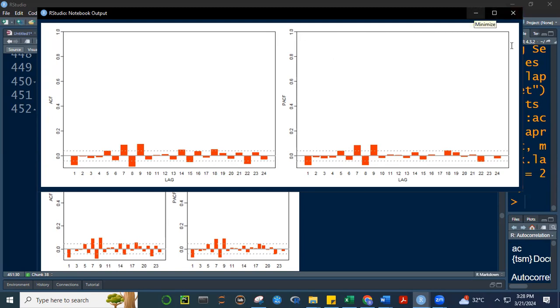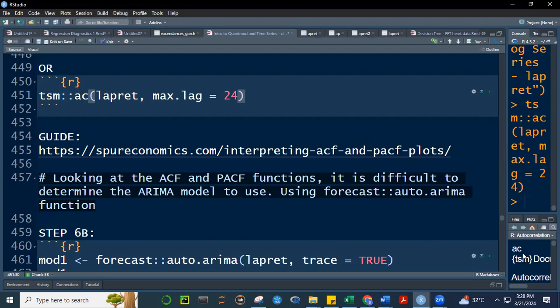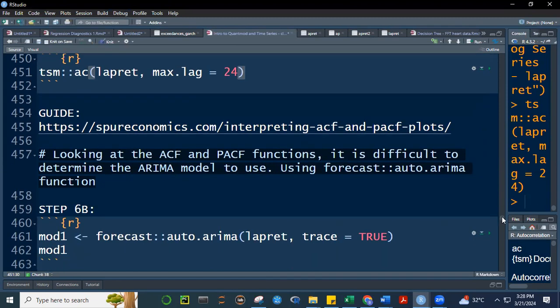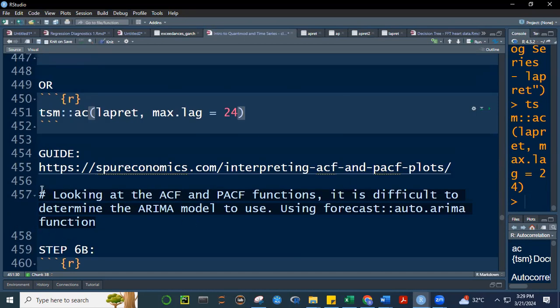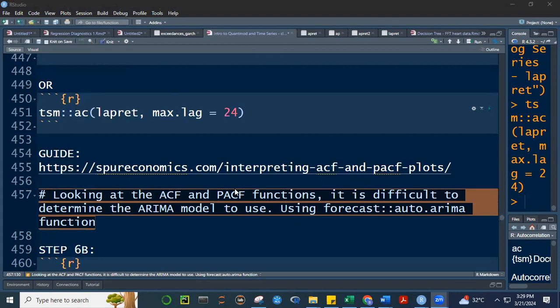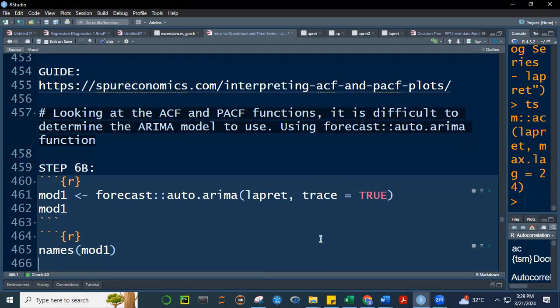ARMA process ba ito? So as I said here, looking at the ACF and the PACF, it's not really that easy to determine. The ACF and the PACF, they're just guides, no? So meron tayong mga general guidelines, but mahirap din i-apply yun, class.